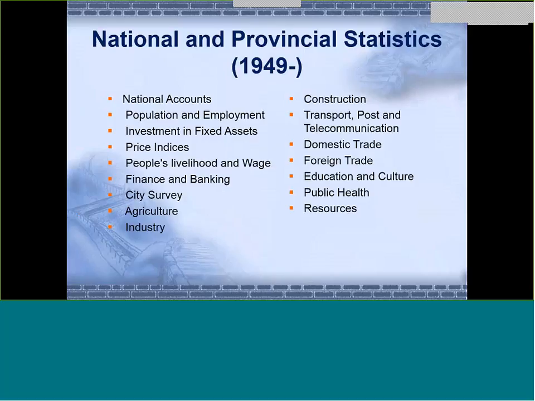Then the yearly statistics cover national and province statistics from 1949. That includes population, employment, GDP, investment, price index, wage, finances, banking, city survey, agriculture, industry, construction, transport, telecommunication, trade, education, health, and resources. This data has been adjusted by the National Bureau of Statistics so that data can be comparable from 1949.